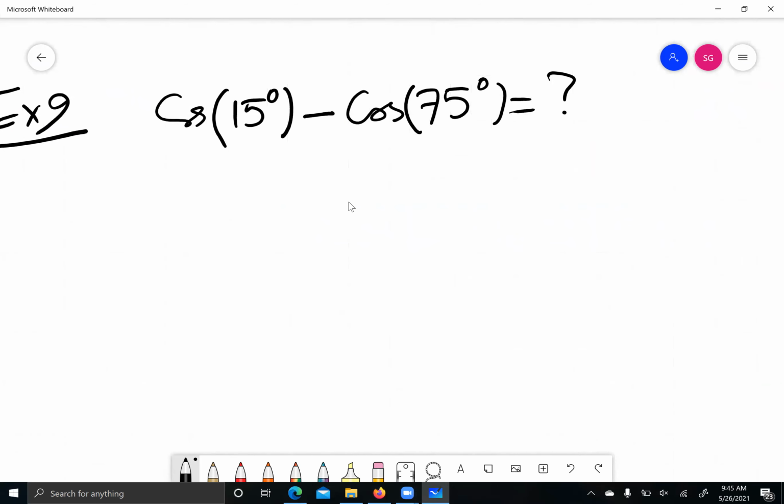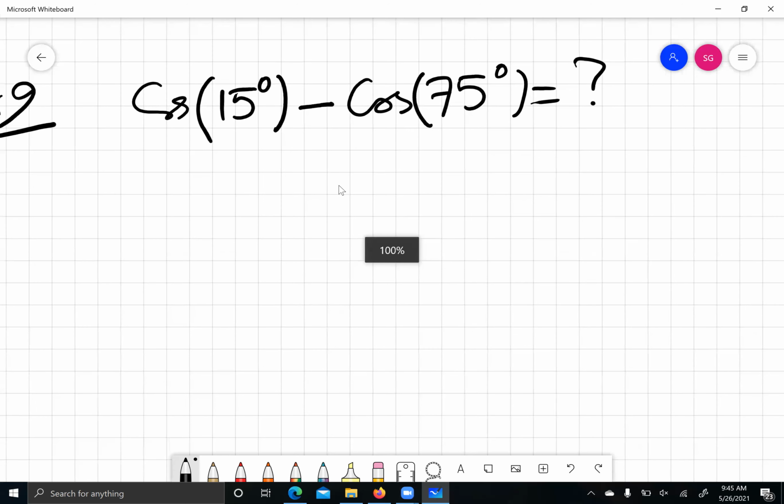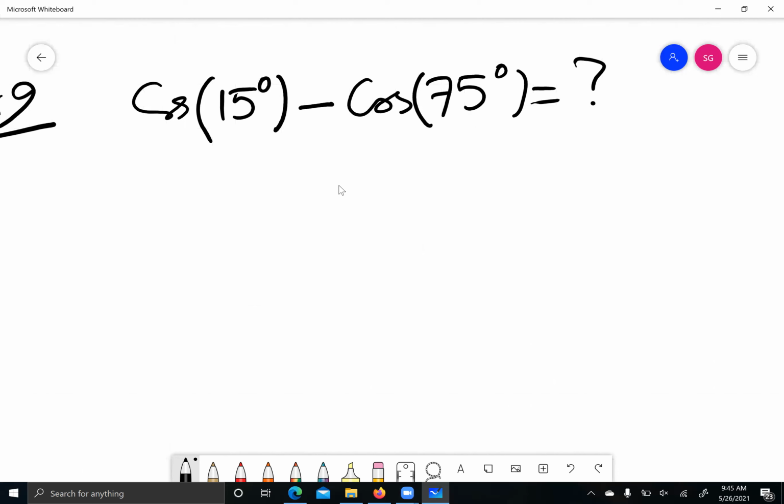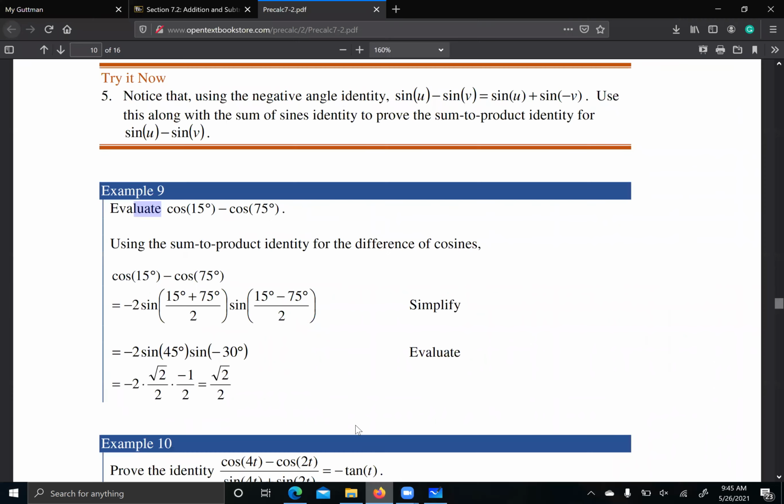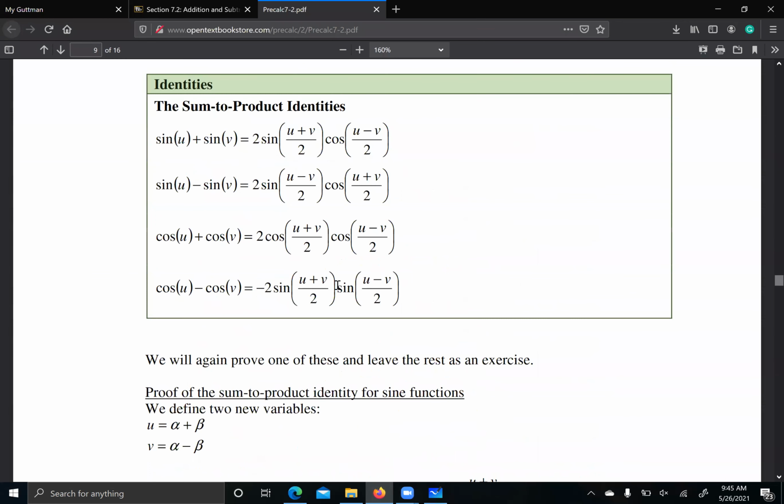Okay, so what do I have here? I have the difference, right? The difference between two cosine functions, and the angles are different. One of them has the angle of 15, the other has the angle of 75. Now look at the identities. So we are in the last format. You see, what do we have?